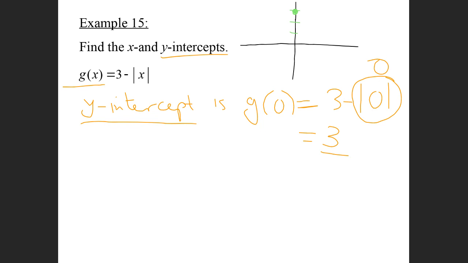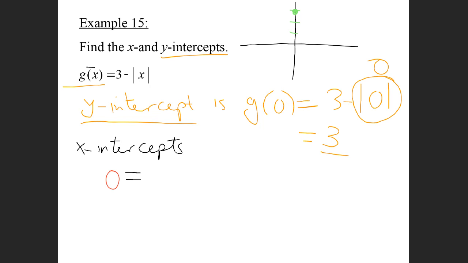Now we find the x-intercept. You have to solve g of x equal to 0. So replace g of x with 0: 0 equals 3 minus the absolute value of x.